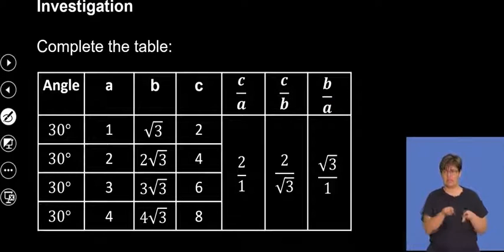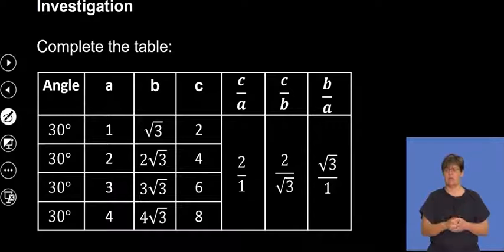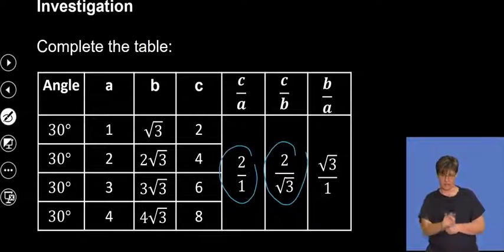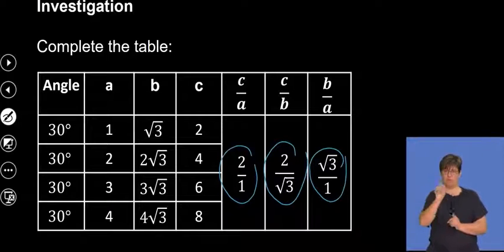And you can also see that the second table that I said you need to complete is just the reciprocal of what we have, right? So it's tip and times. The numerator swaps with the denominator. Hence, it's 2 over 1, 2 over root 3, and root 3 over 1.